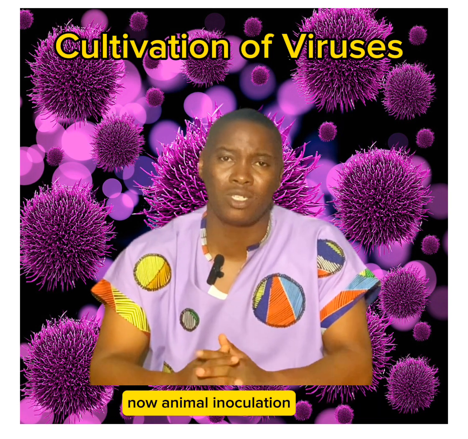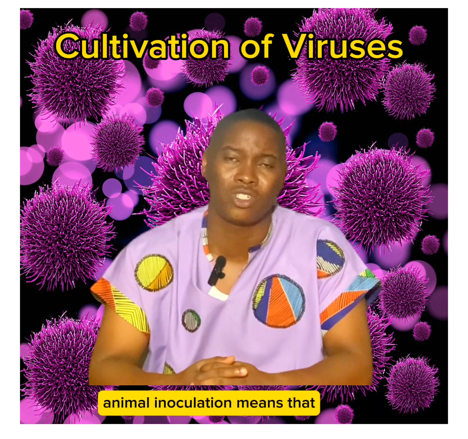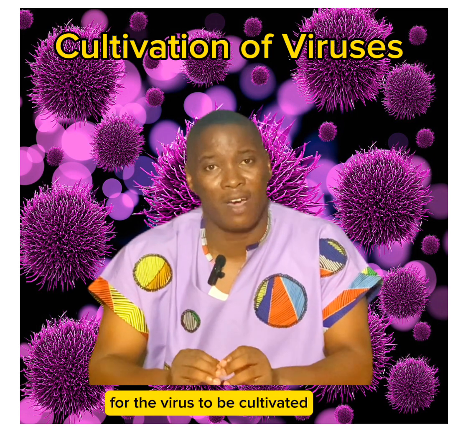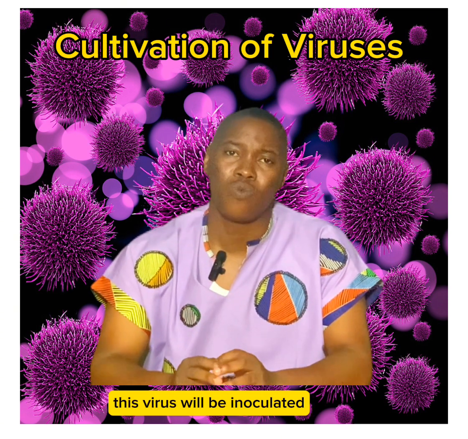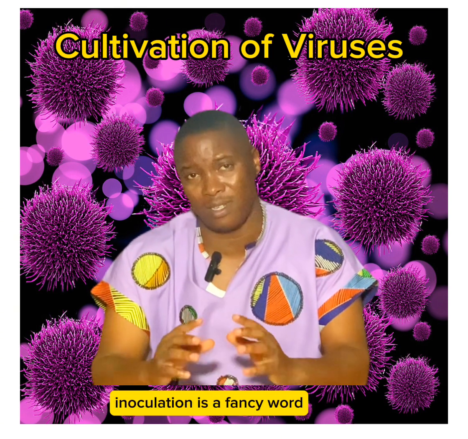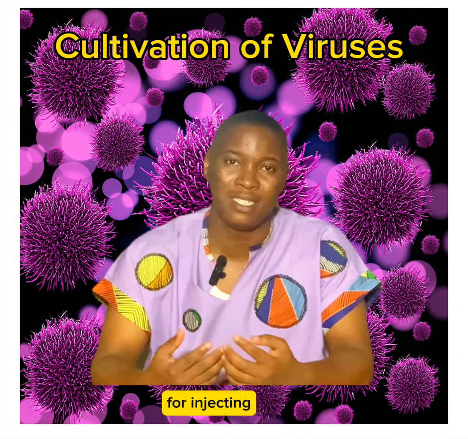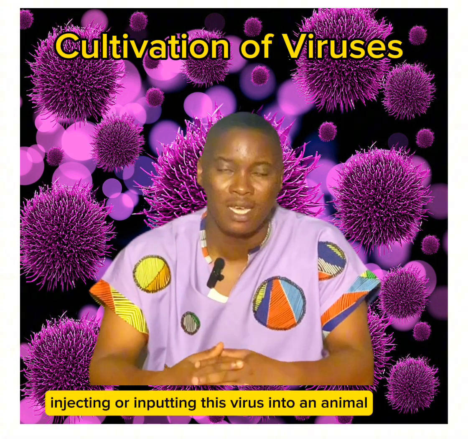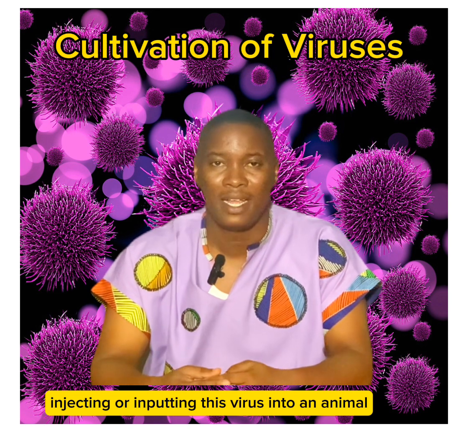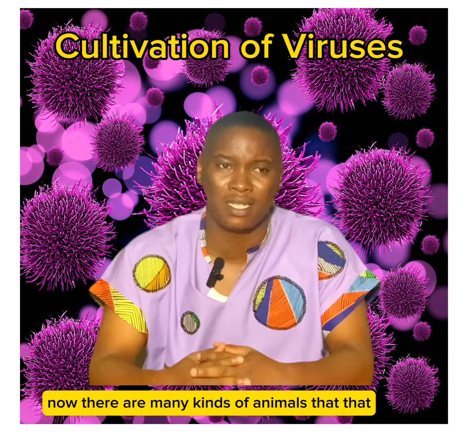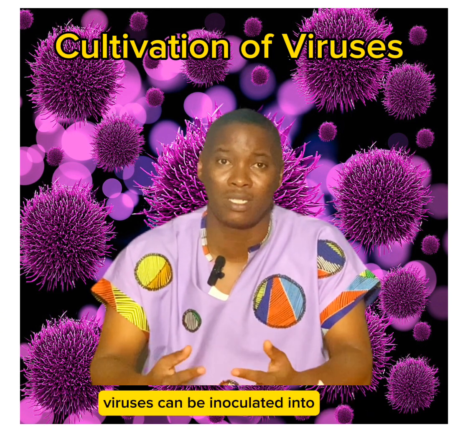Now, animal inoculation. What is animal inoculation? Animal inoculation means that for the virus to be cultivated, this virus will be inoculated. Inoculation is a fancy word, a science word, for injecting or inputting this virus into an animal. Now, there are many kinds of animals that viruses can be inoculated into.